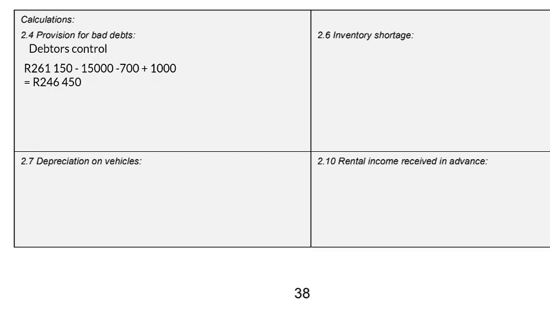So our new debtors control amount will be 246,450 Rand. The provision for bad debts must be adjusted to 4% of the outstanding debtors on 28 February 2025. So to calculate the provision for bad debts, we take the new debtors control amount of 246,450 Rand and multiply that by 4%, which equals 9,858 Rand.